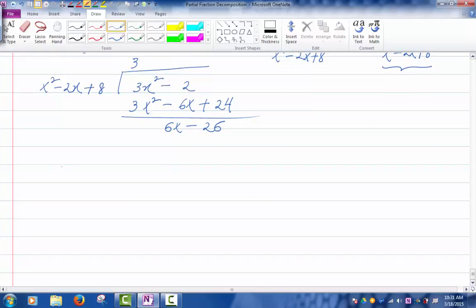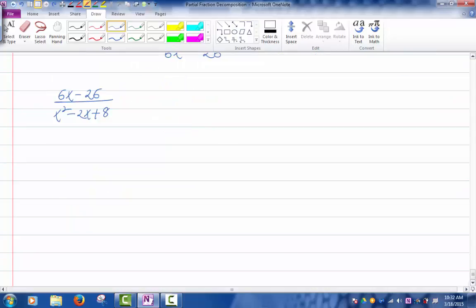So the proper fraction is, what is it, 2x? No, sorry, 6x, right? 6x minus 26 divided by x squared minus 2x plus 8. Now, what's the first thing I should be doing? I should be factoring the denominator, right?